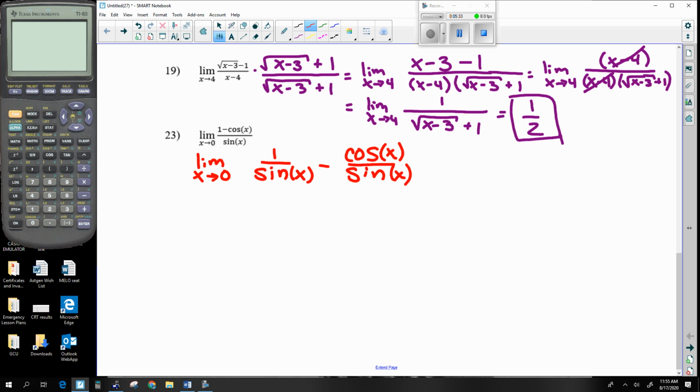All right, so this is going to be the limit as x goes to 0 of 1 over sine minus cotangent.